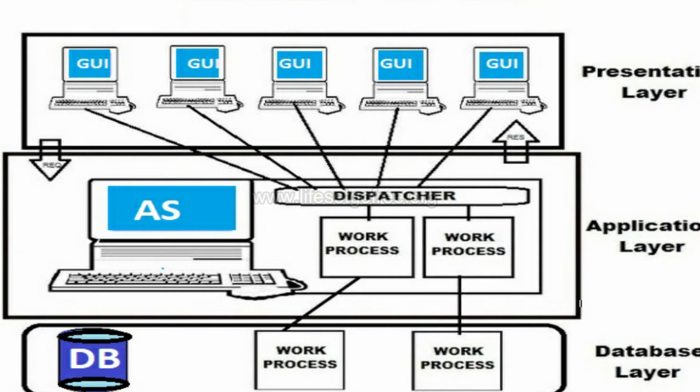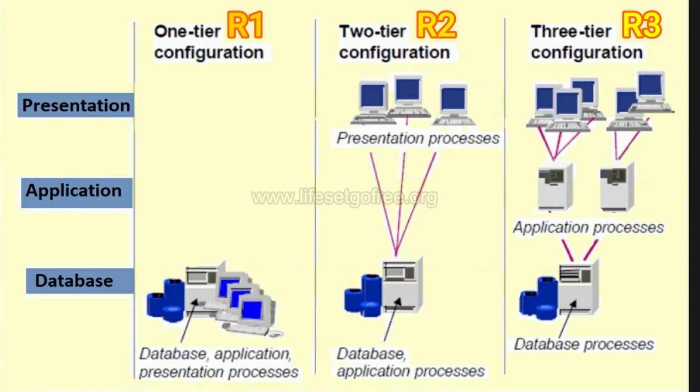Okay, now we will see what is actually... I can just say R1, R2, R3 architecture and SAP is R3 architecture. That's it. But I want you to understand it completely. Some people who are in SAP might not understand what is this R3 architecture, what is presentation layer, application layer and database layer.